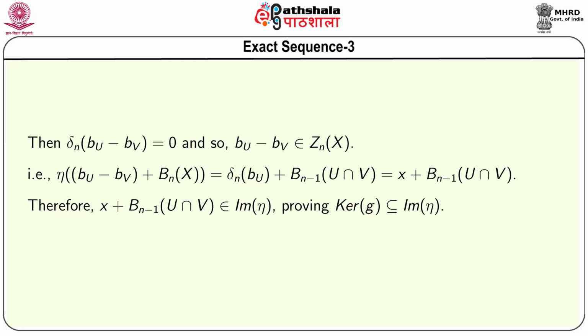That is, η operated on (b_u − b_v) + B_n(X) is equal to x + B_{n-1}(U ∩ V). Therefore, the element x + B_{n-1}(U ∩ V), which we had started with, is an element of the image of η, proving that the kernel of G is contained in the image of η.